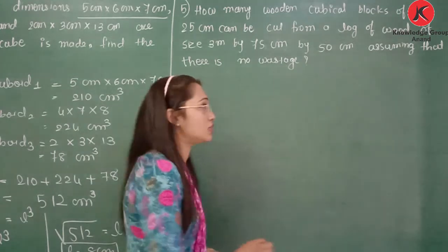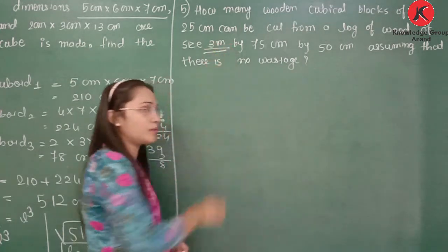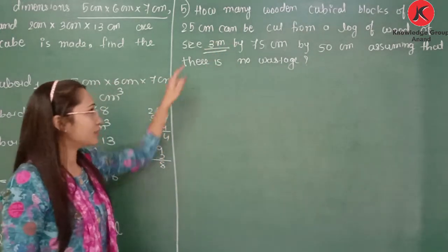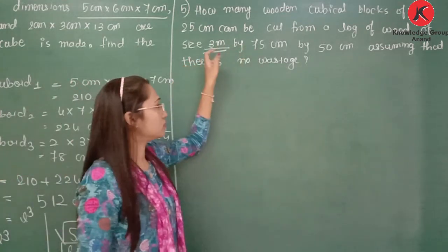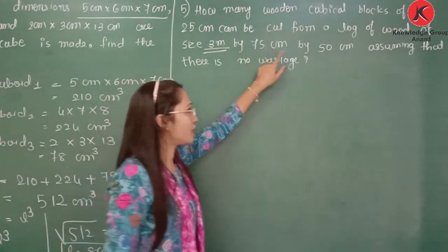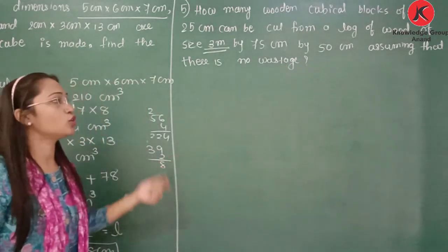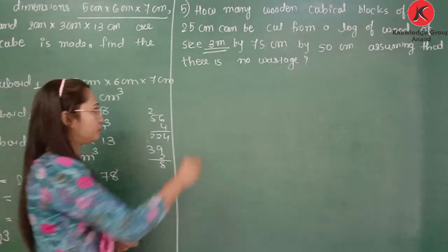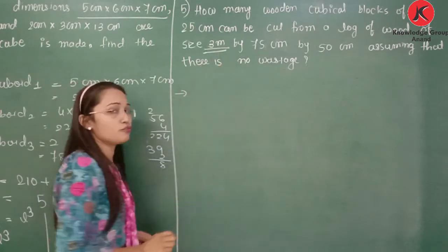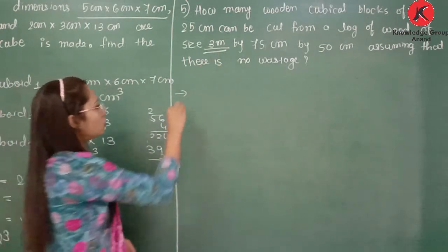So here you can see the unit is 3 meter. So from the block that is 3 meter by 75 centimeter by 50 centimeter, we need to make cubes. So first we need to find the volume of the cuboid.